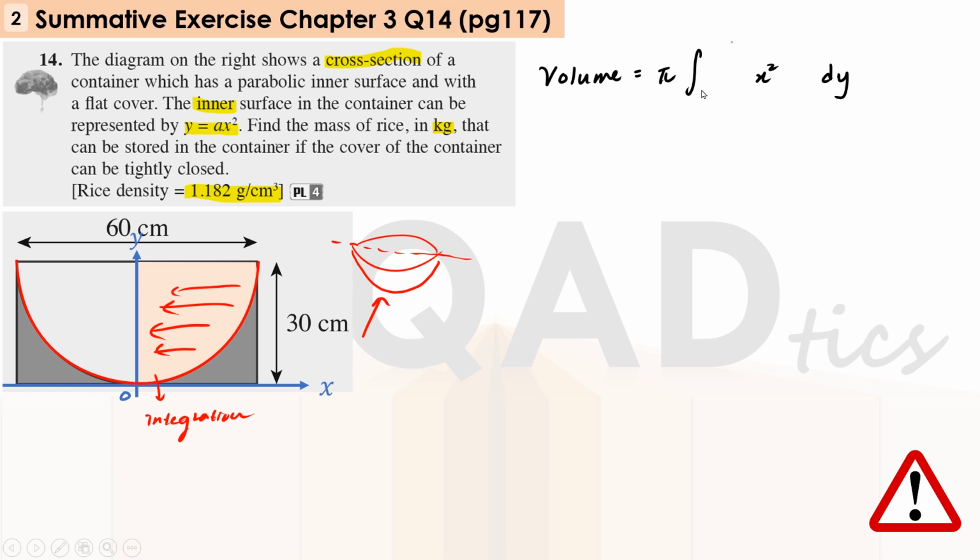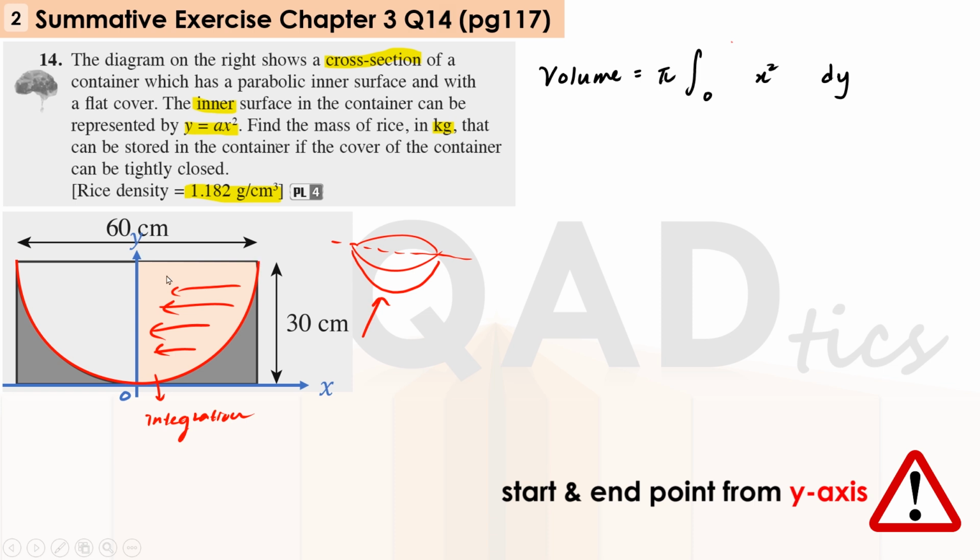Right, so now we need to integrate from the lowest point of this region from the y-axis, which is 0. Okay, highest point, so highest point is here. So what is the coordinates of this point? Okay, we can use the 60 cm and 30 cm here.